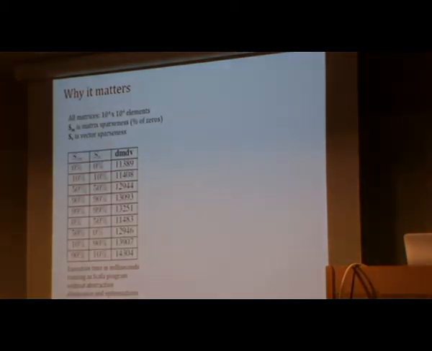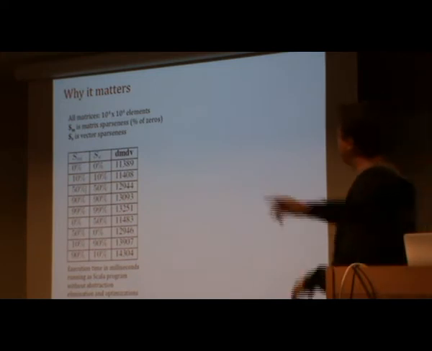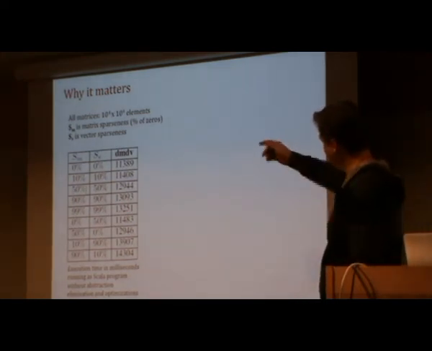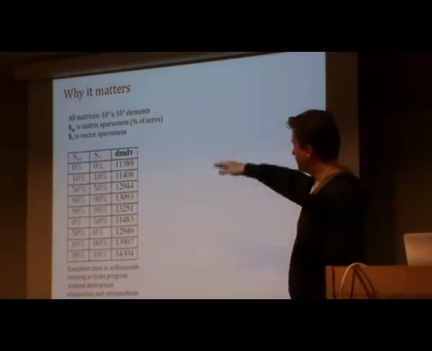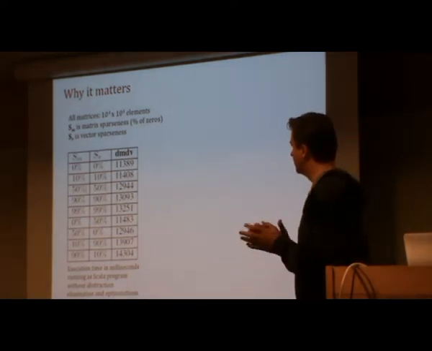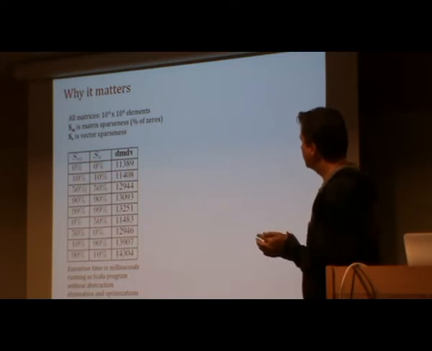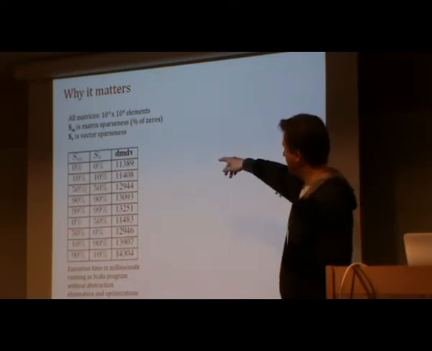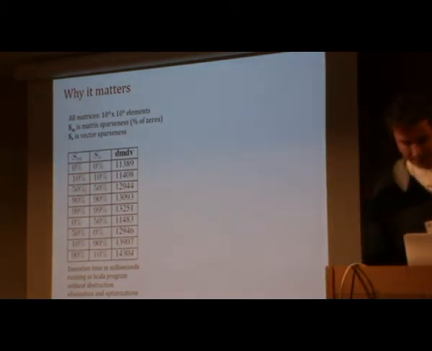And so we try to run on this experimental data where we have a matrix of some reasonable size, and we have different sparseness of this matrix. If we run the original version as an object-oriented program, we get these digits.